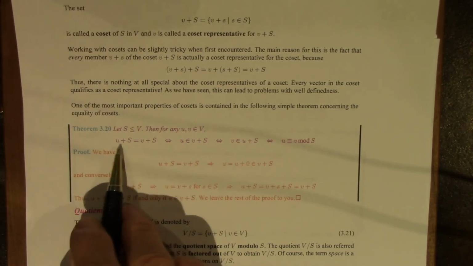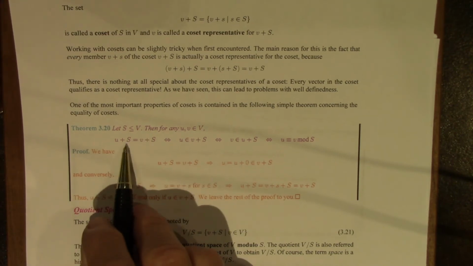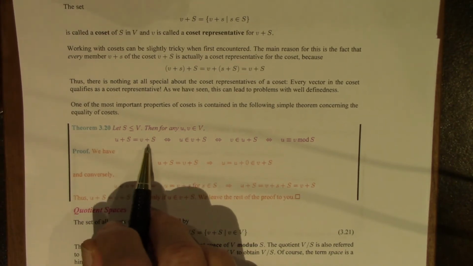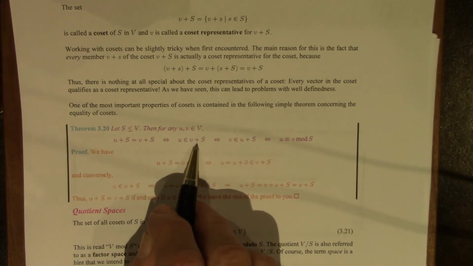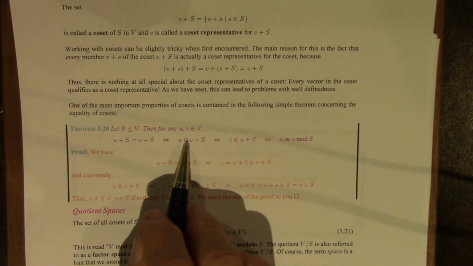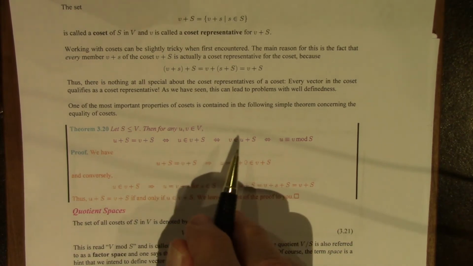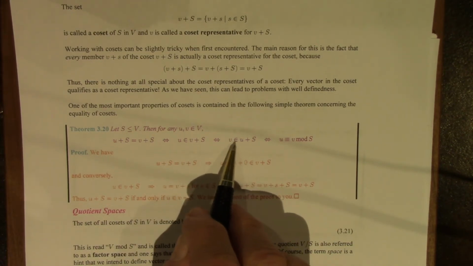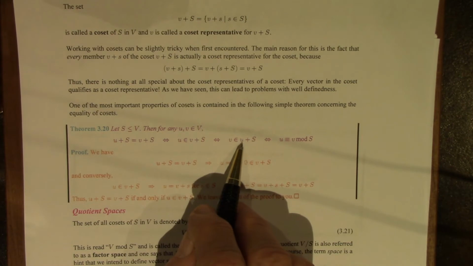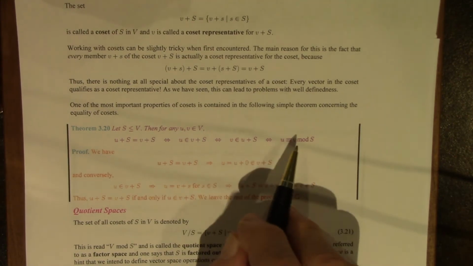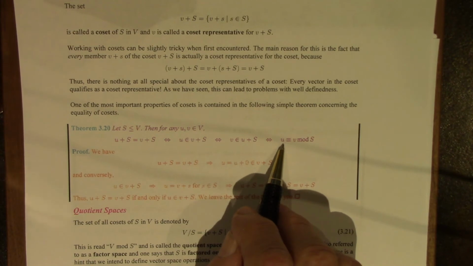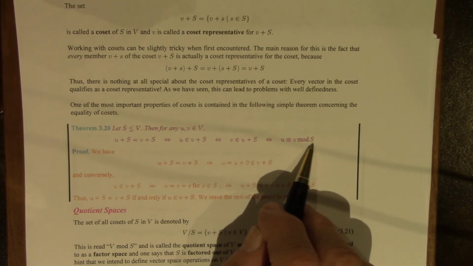Certainly if u equals v, they're equal. But these two cosets are equal if and only if u belongs to the coset represented by v, or equivalently, v belongs to the coset represented by u, or finally equivalent to u congruent to v mod S.